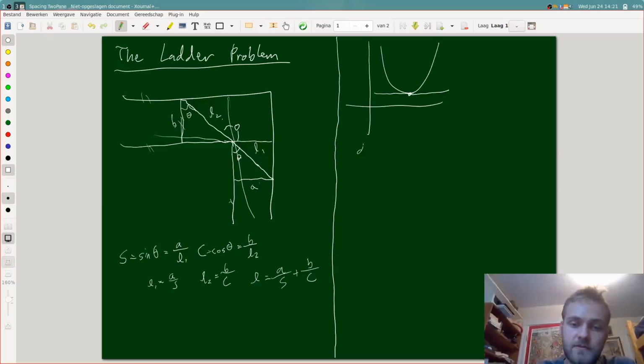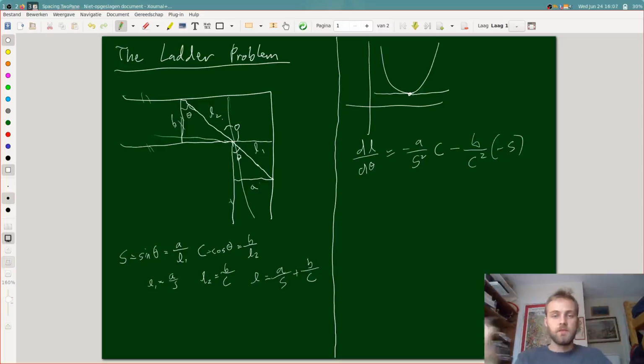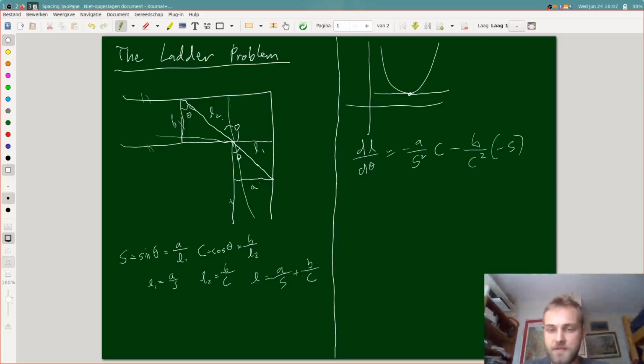Okay, so let's take the derivative. dL/dtheta equals negative A over S squared. This is just the chain rule, times C, because that's sine and cosine. And now this is minus B over C squared again, negative S. So now we put these both over the same denominator, and we get A times C cubed plus B times S cubed over S squared C squared.